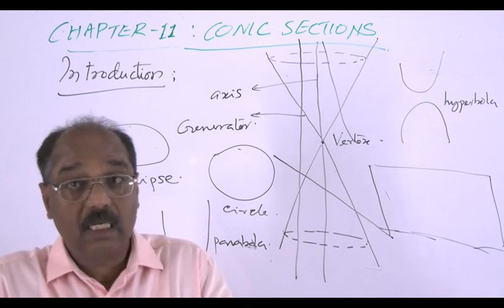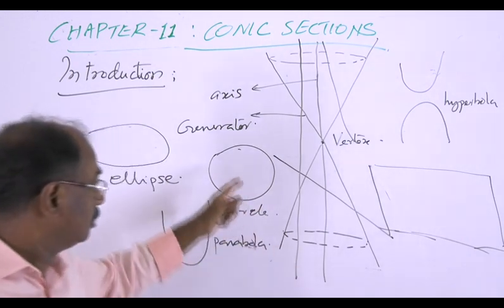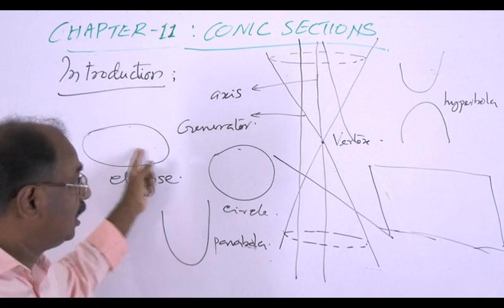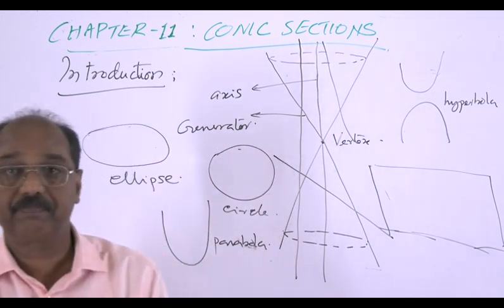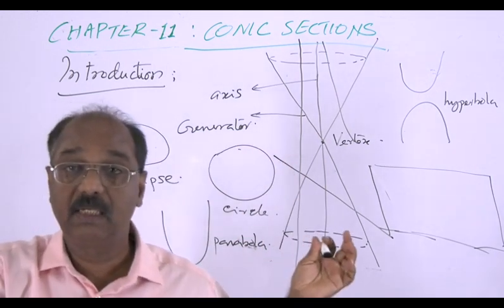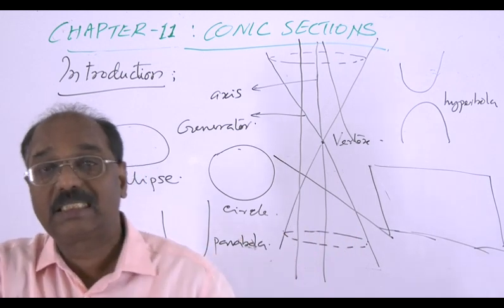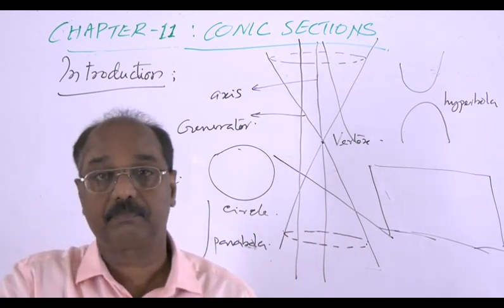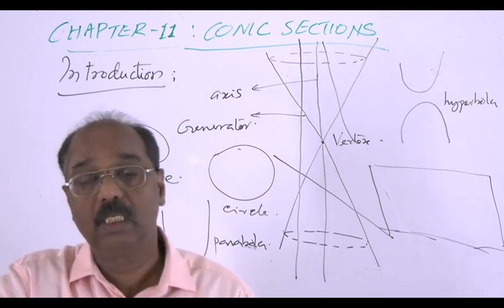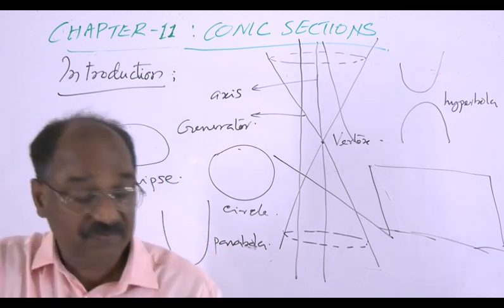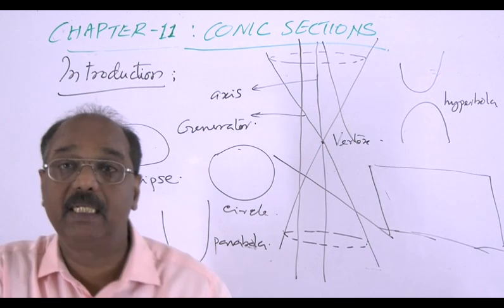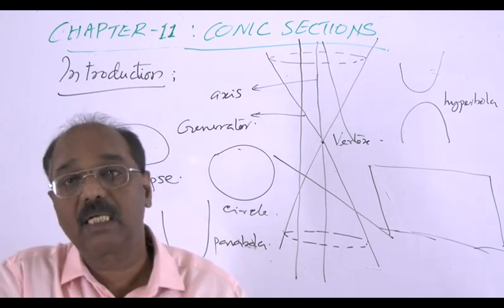And now these are all curves. We can consider these curves as curves in a plane. Or if these cross sections are visualized in a plane, then these are curves in the plane.